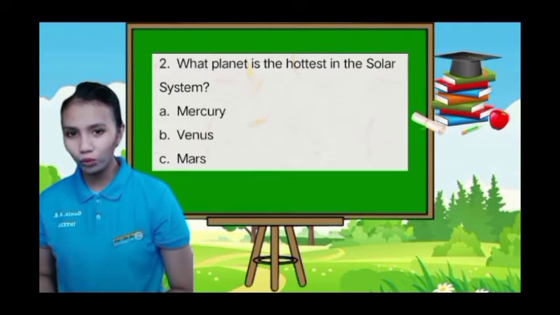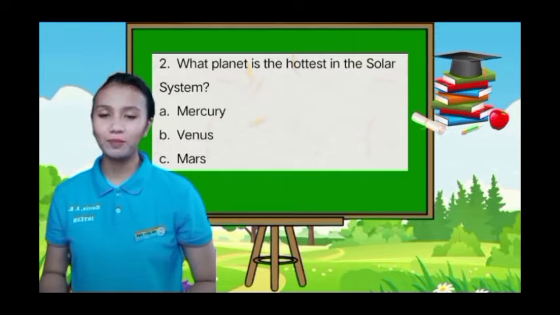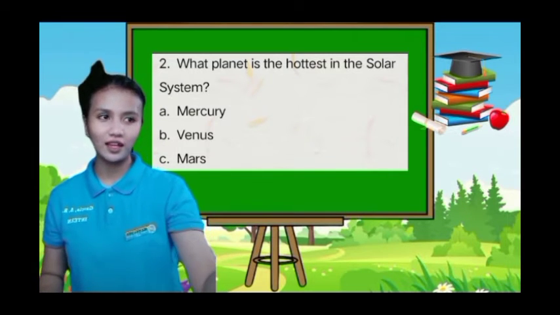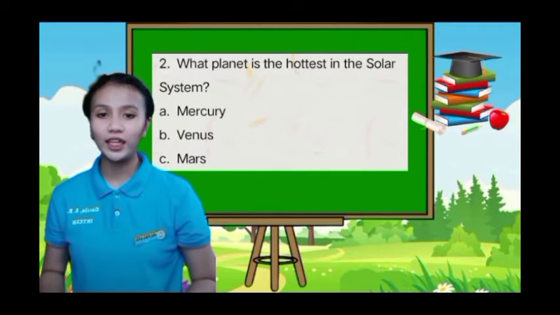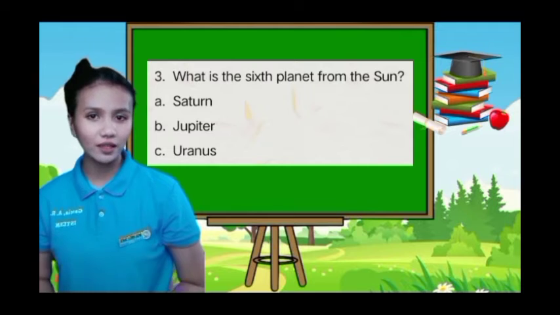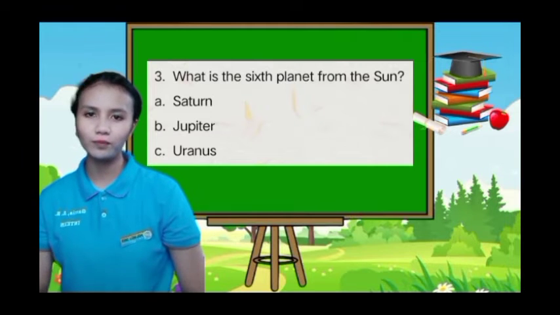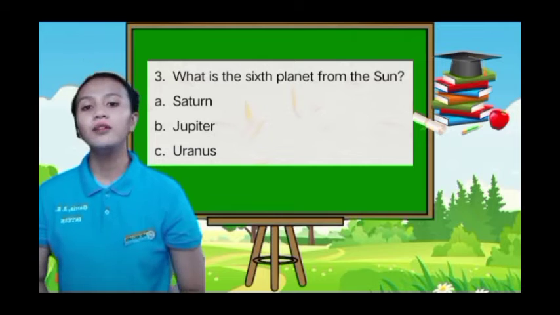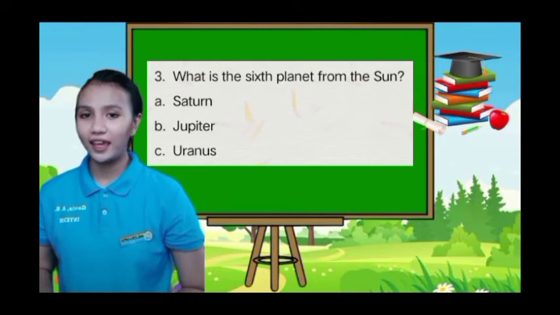For number 2, what planet is the hottest planet in the solar system? What is the answer? Yes, Anna? Very good. It is Mercury. So what is the sixth planet from the Sun? Yes, Joel? Very good. It is Saturn.